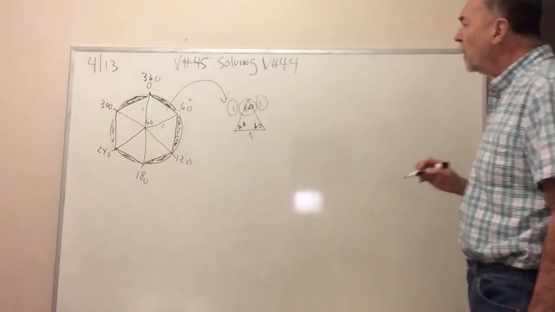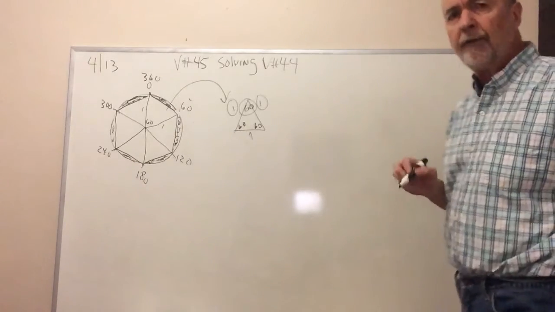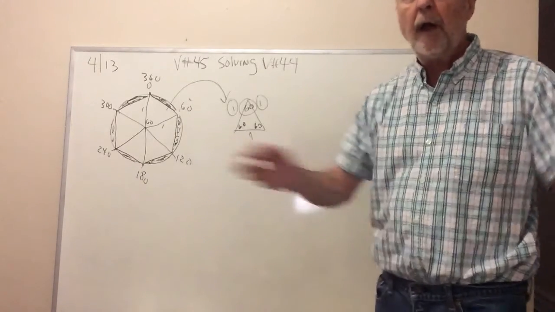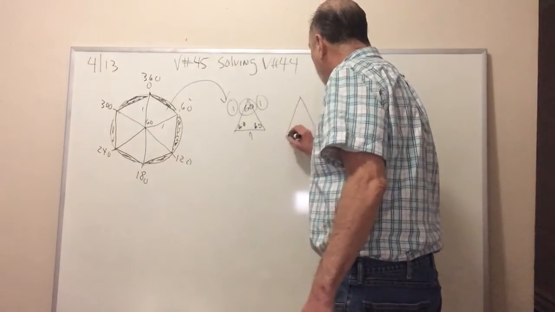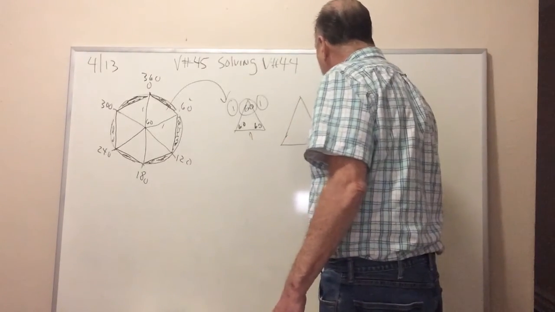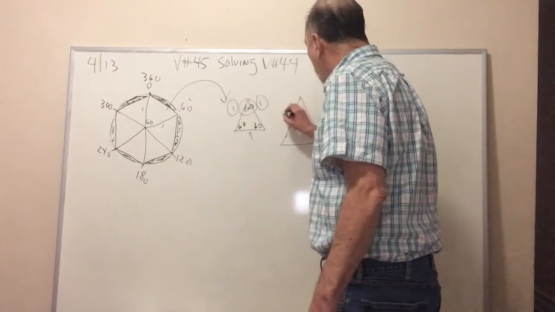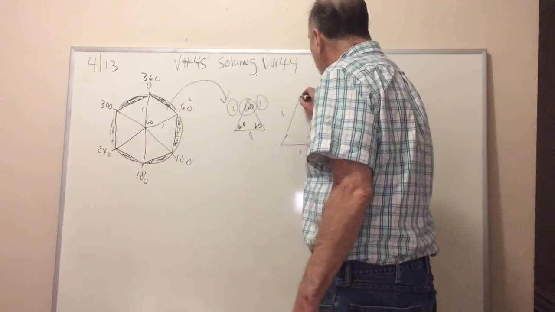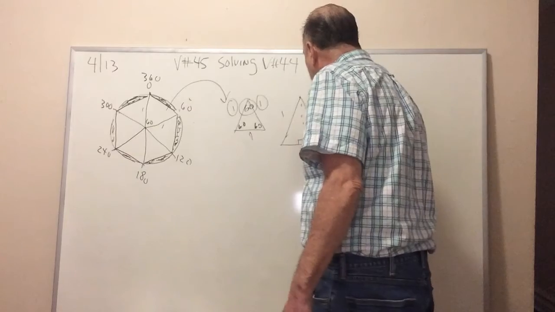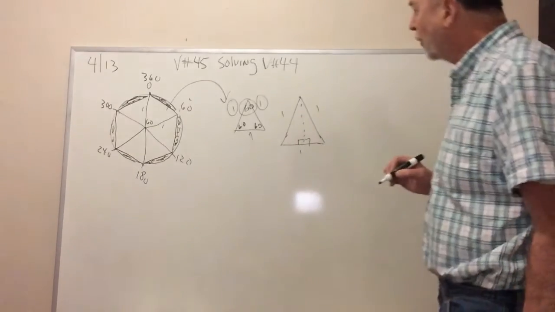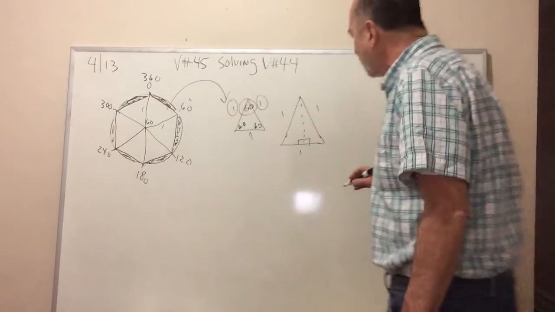Oh, okay. So now if I can figure out what the area of this is, I'm in great shape. But we did that before. Let's rewrite it over here. Our equilateral triangle, even if it doesn't look that much like it: 1, 1, 1. Drop the perpendicular bisector to turn it into a right triangle, so I can use the theorem of Pythagoras.